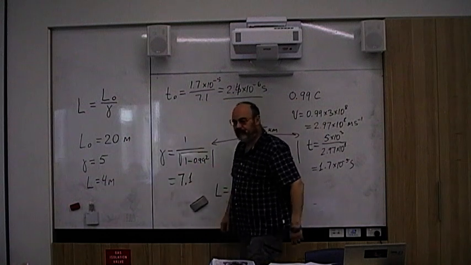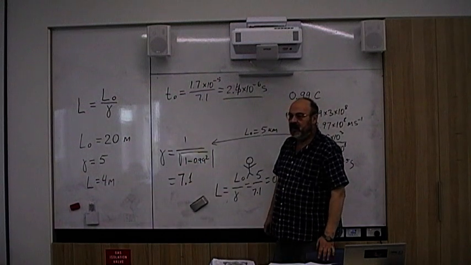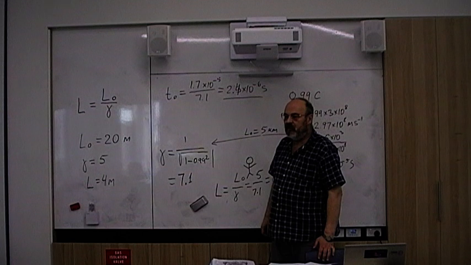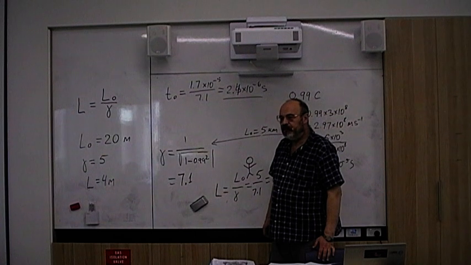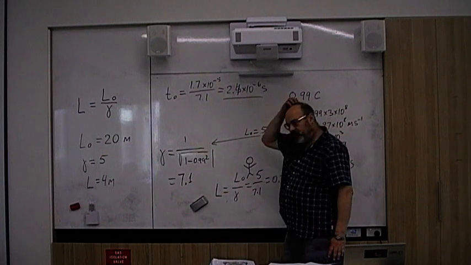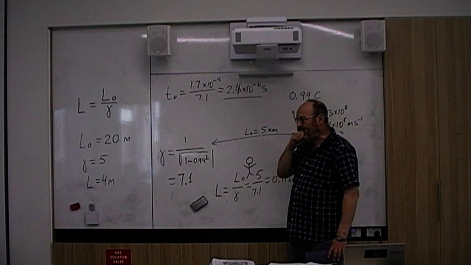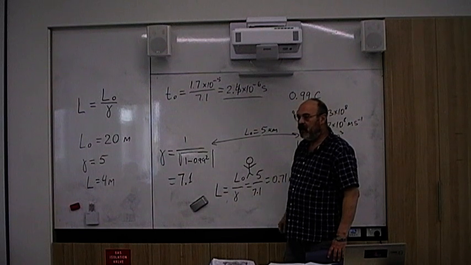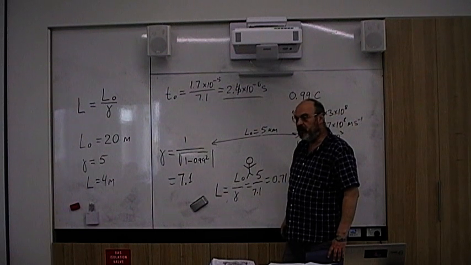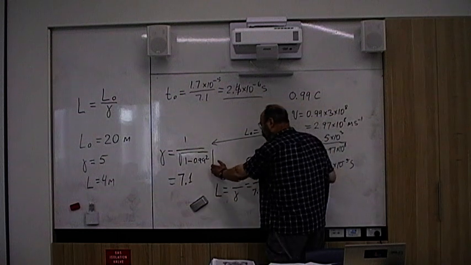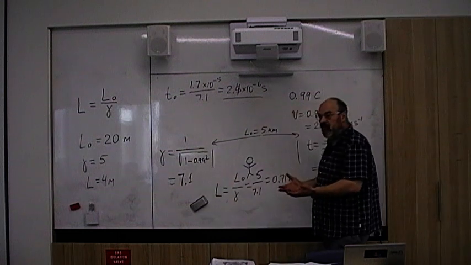Yes? Okay, but still I don't get why you use the proper length to find out the dilated time. You said that the time measured by scientists was proper length over speed. Time equals distance over speed?